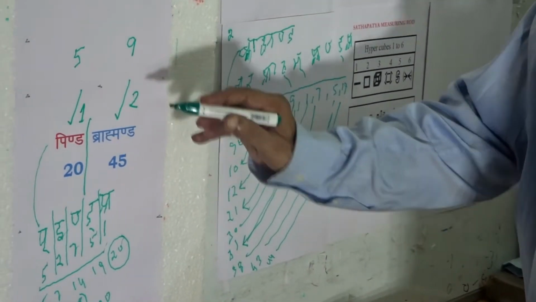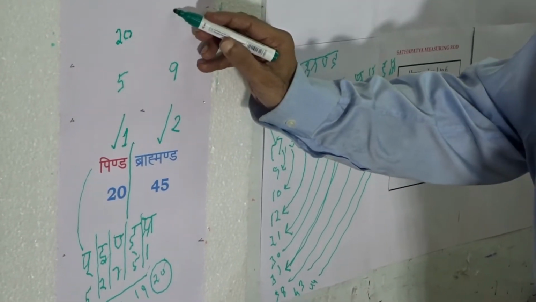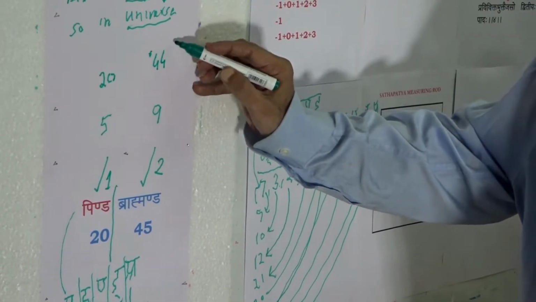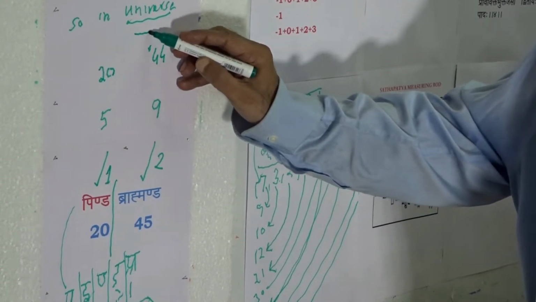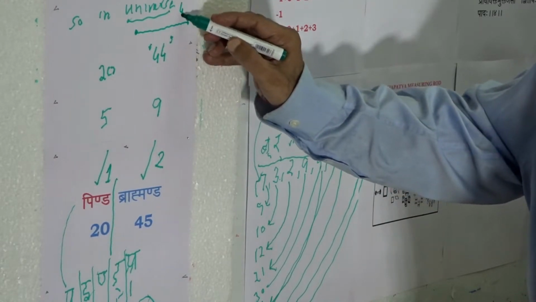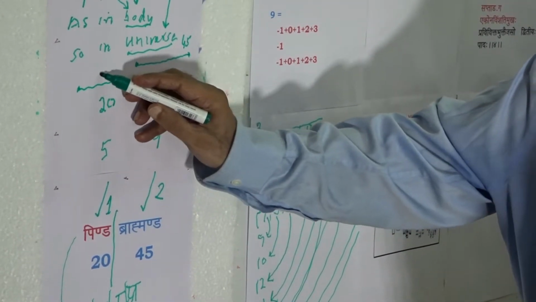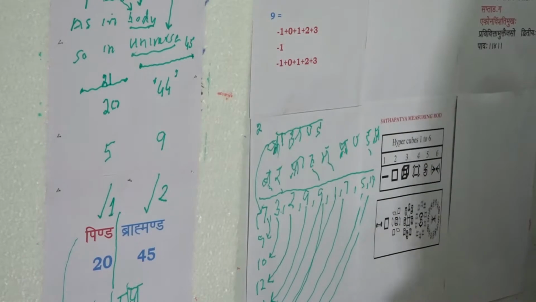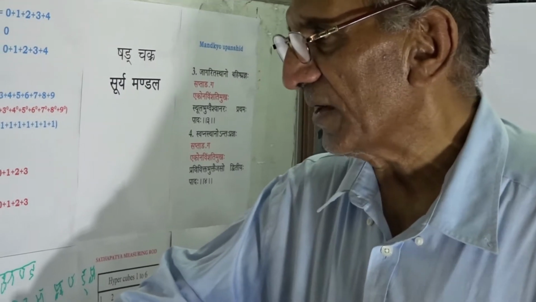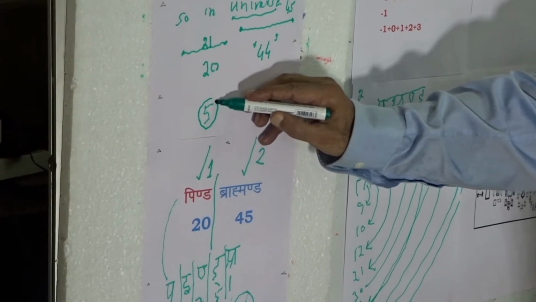Therefore, here we are reaching at value 20 and here we are reaching at value 44, and this value 44 is the gaps value of value 45, and value 20 is the gaps value of value 21. Now the Pind formulation is a composition of 5 letters.